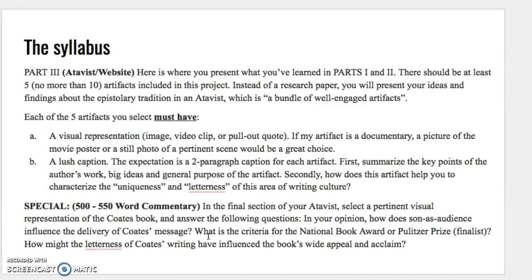So we are discussing in our commentary at the end of the Atavist, what is it about this book born from a letter, its letterness, that contributed to its success in connecting with such a broad audience, particularly because it was addressed literally to a teenage son.